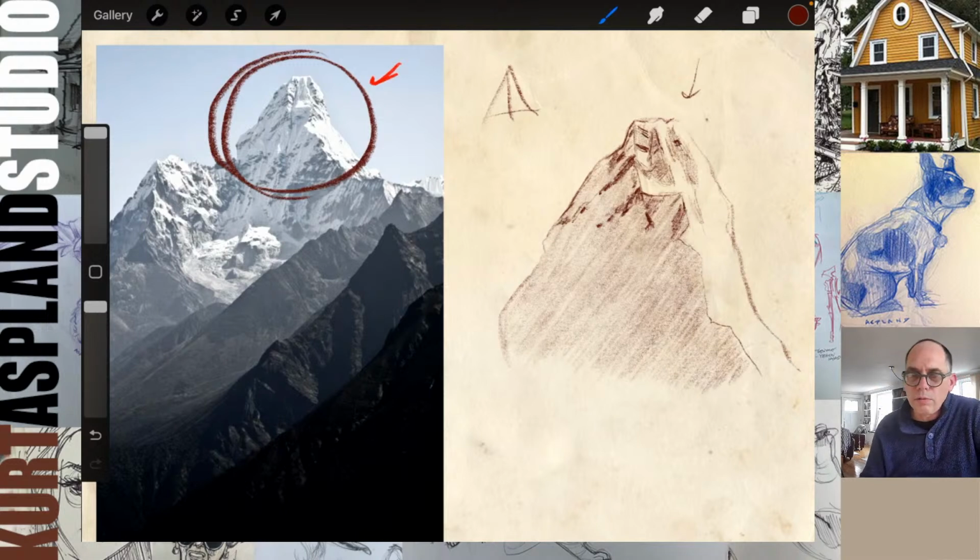So you can see I'm just slowly working this mountain, thinking of its facets.